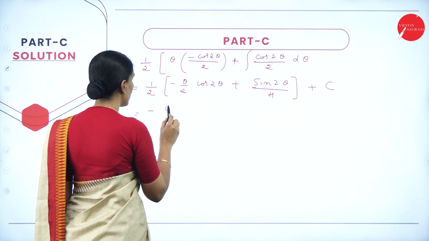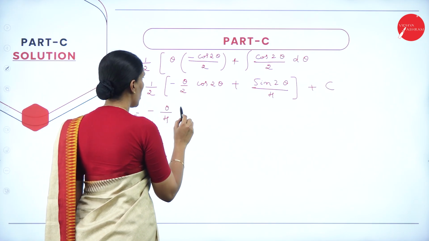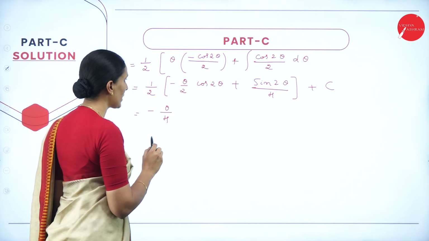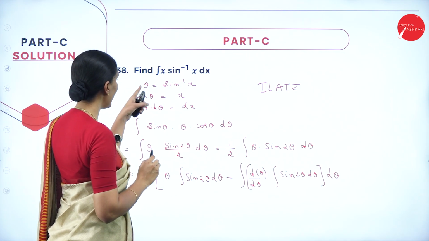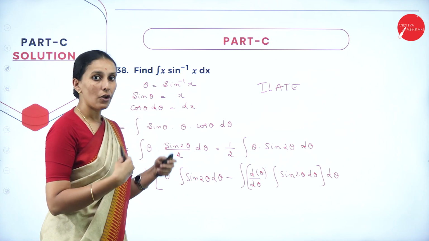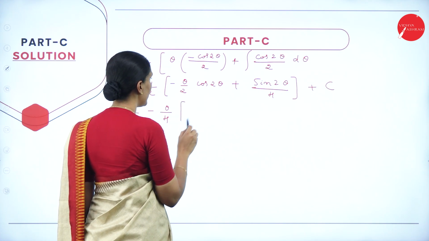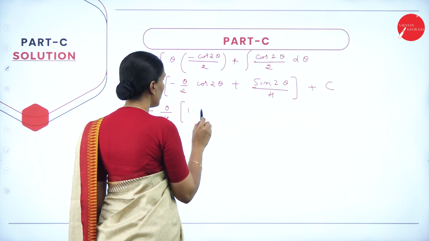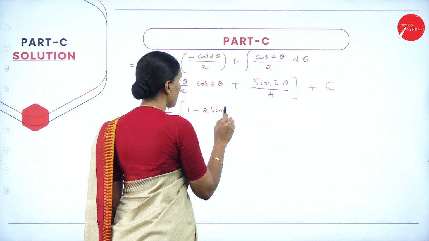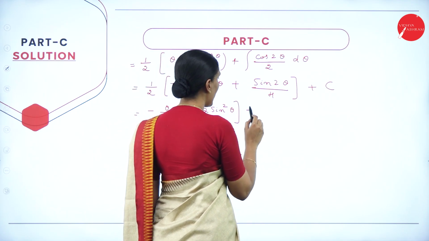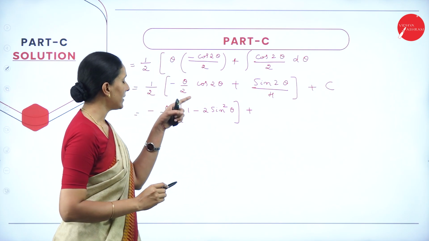So minus theta by 4 cos 2 theta can be written as 1 minus 2 sine square theta, because since we have taken theta in the form of sine, now let us apply everything under sine. So let us convert cos 2 theta as 1 minus 2 sine square theta, and sine 2 theta can be written as 2 sine theta cos theta.